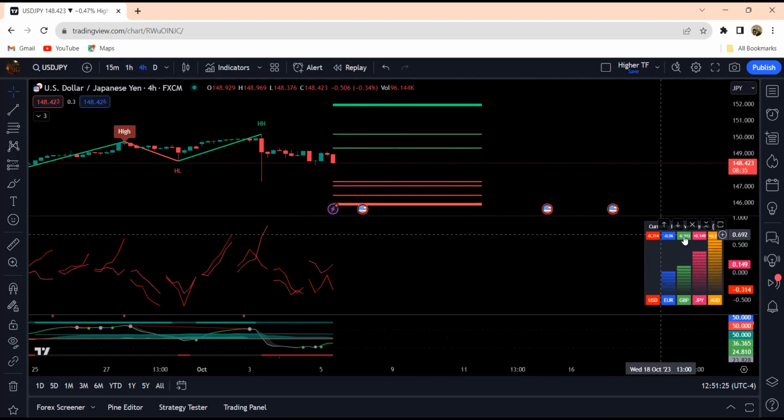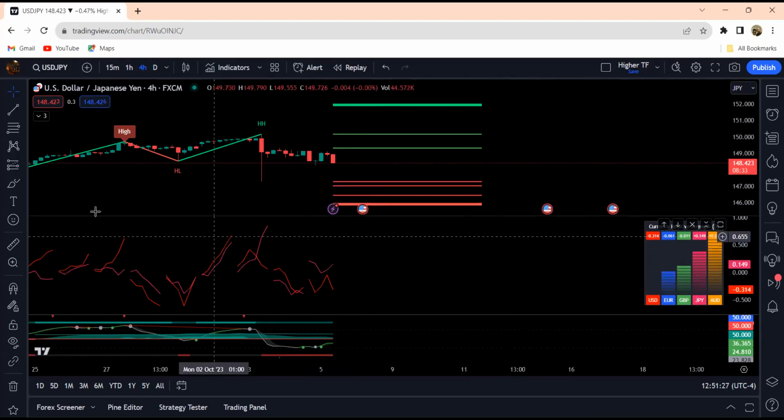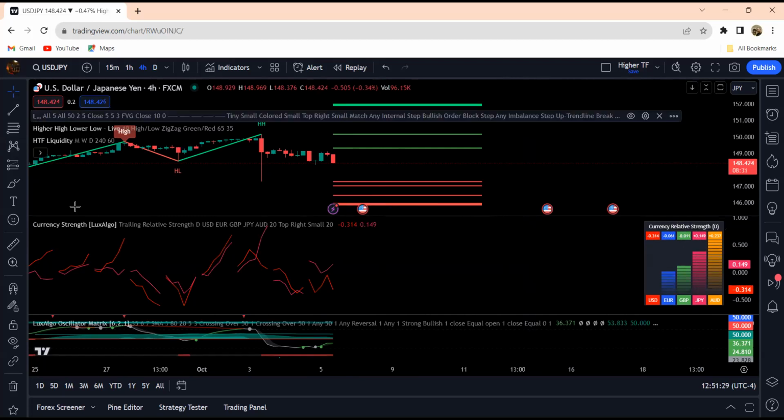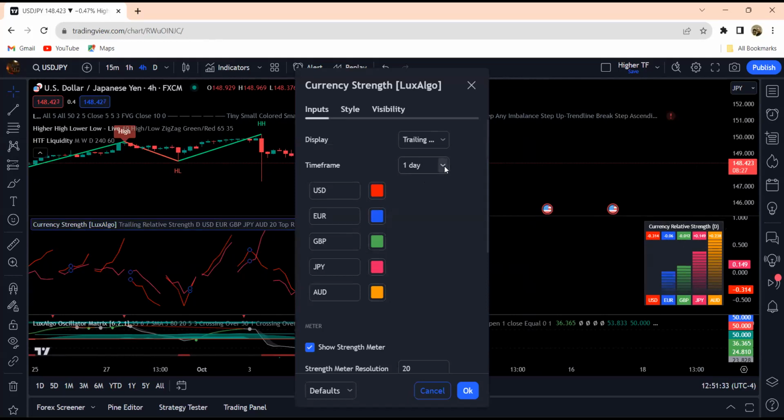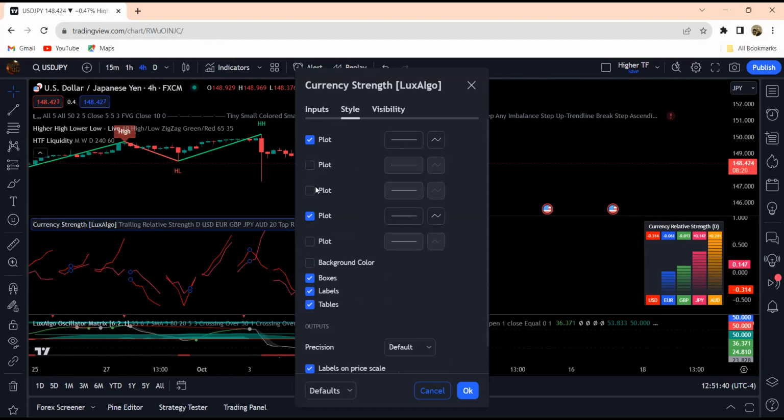I have the setting set to daily, and you can do that by going here and selecting the day. What I've done also is I went to the style section and I took off the currencies that I don't want to see labeled, and I don't want to see the lines for.